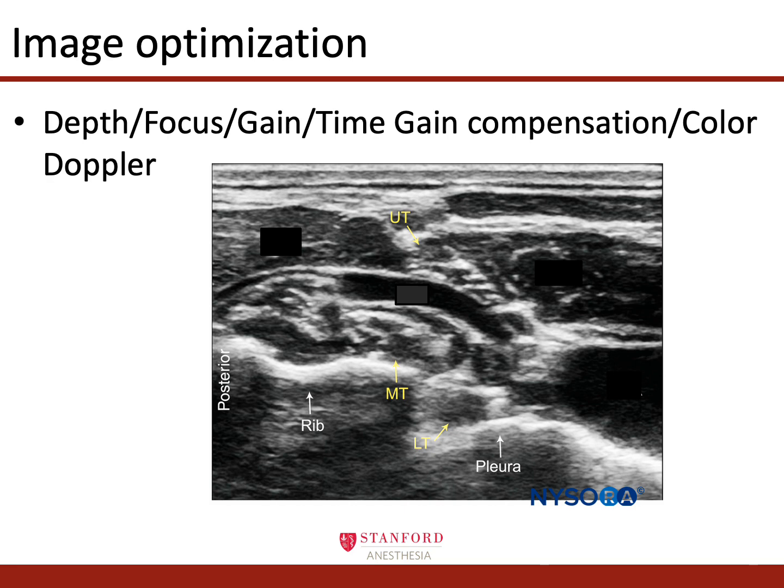In this supraclavicular image, we can see a dark black structure through the middle of the screen, and it's only by utilizing our color flow that we would see that this is actually a tributary of the subclavian artery, which is going through our plexus there, which would make this block very dangerous to perform at this level.